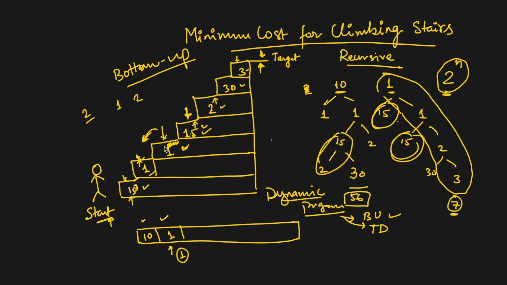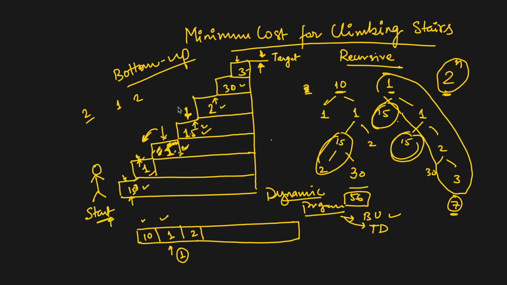Add the cost at the current step, which is 1. So this one and this one becomes 2, right? So now the cost to reach this step, let's say this is our final step, is 2.